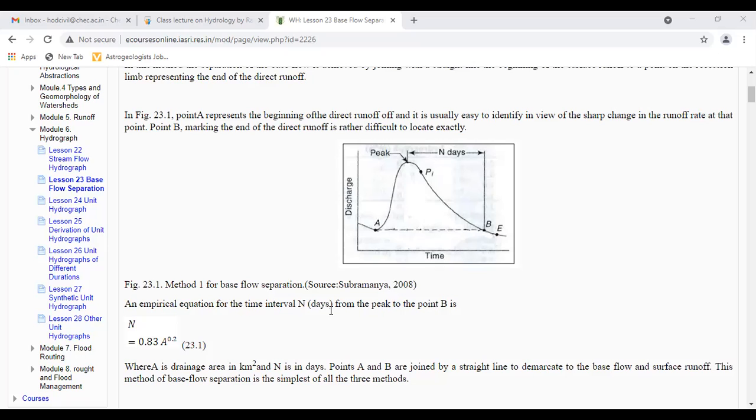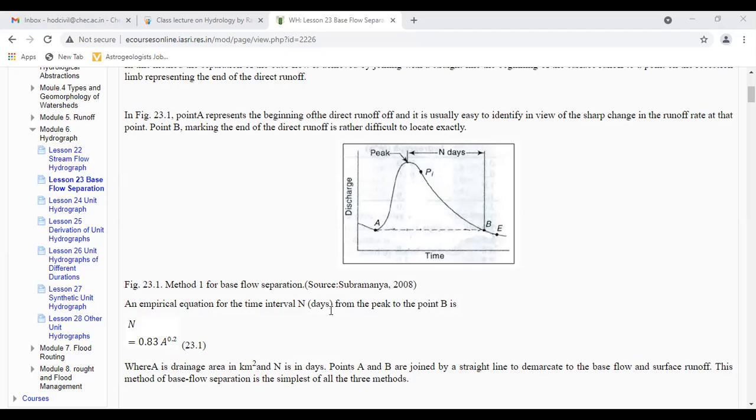However, in many engineering applications, it is the standard practice to separate the hydrograph into two parts only, direct runoff and base flow.